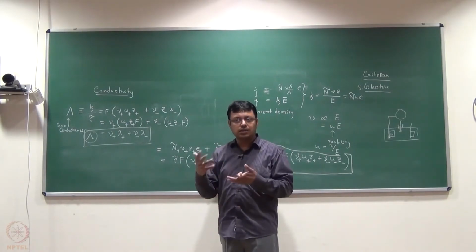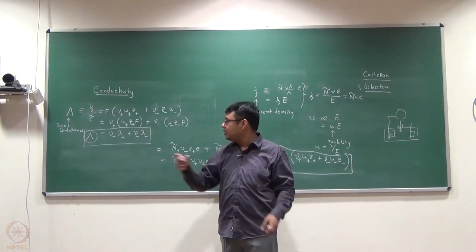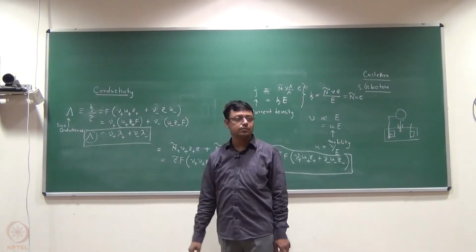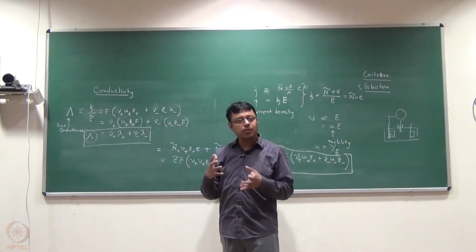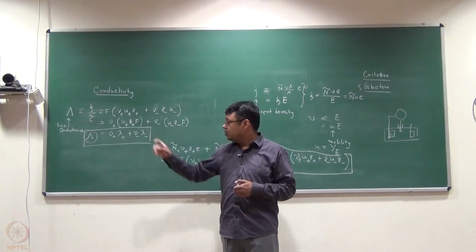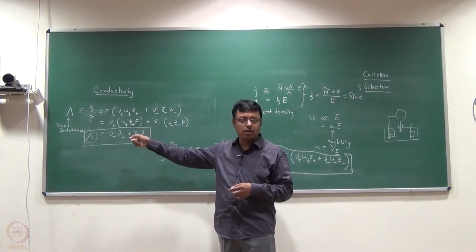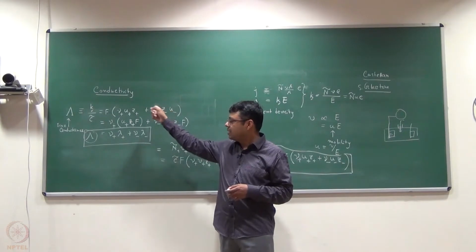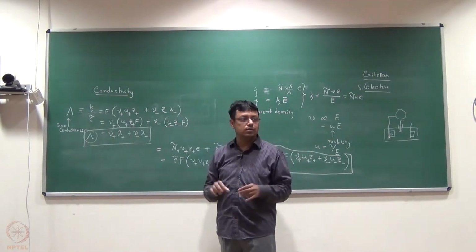All these things will happen, and that will definitely affect the velocity. Since everything is dependent on velocity, my conductance should change. So in principle, this should hold when the cations and the anions have independent velocities, and that will happen if the solution is infinitely dilute.